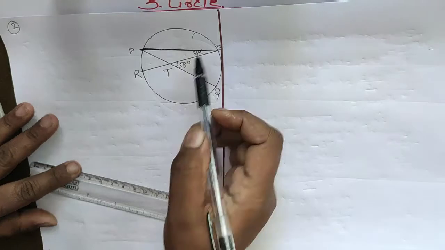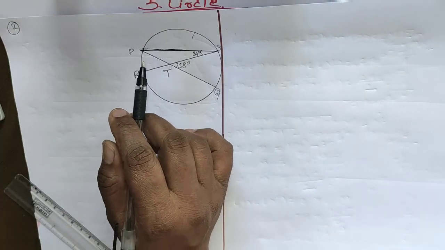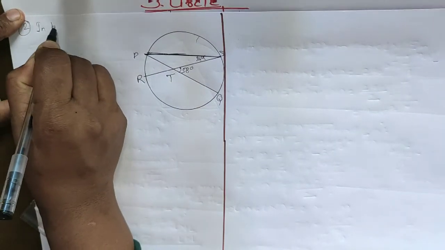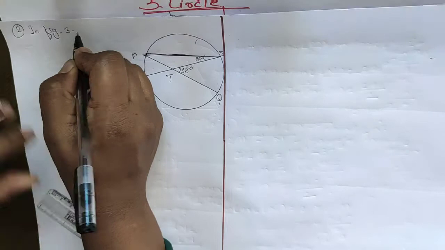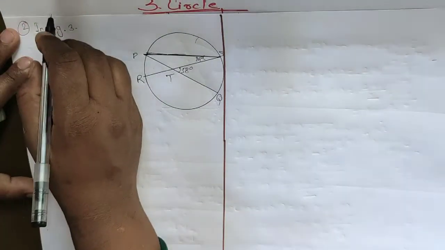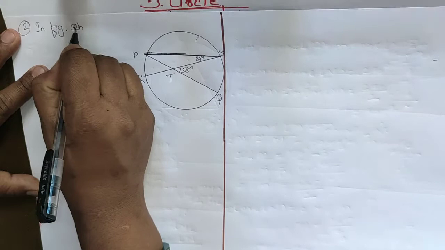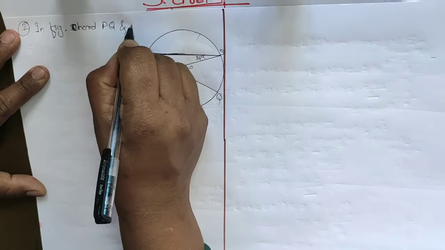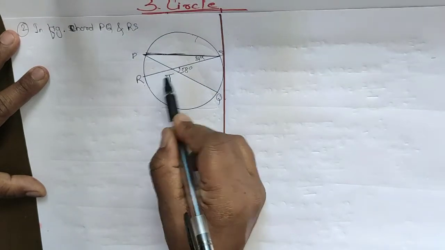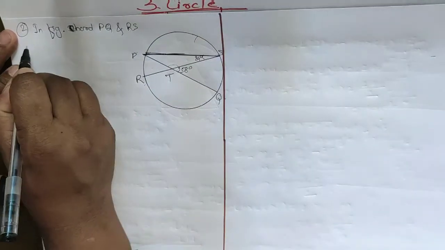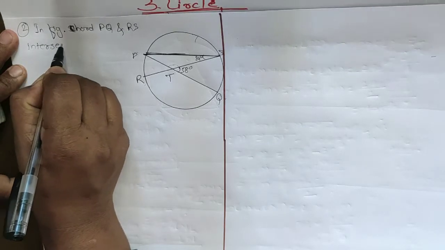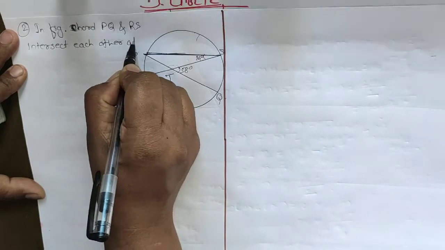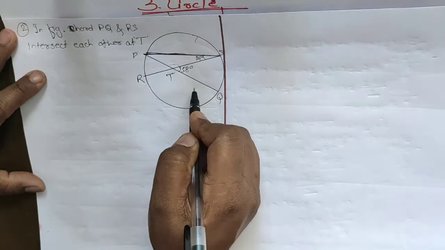So what is the question? In figure 3, in this figure, chords PQ and RS, this is PQ and this is RS, intersect each other at point T. Okay, at point T they intersect each other.